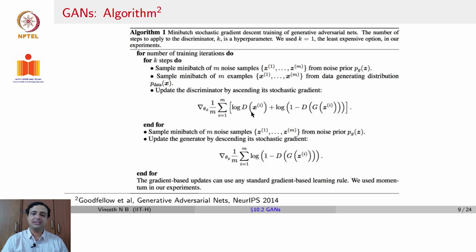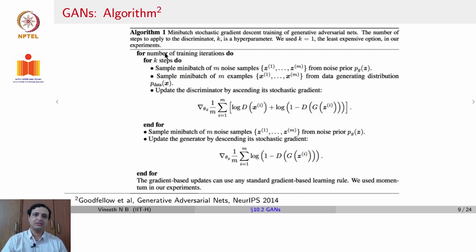A maximization problem is solved by gradient ascent, just like how a minimization problem is solved by gradient descent, where in each iteration you go in the direction of the positive gradient, not the negative gradient the way you did with gradient descent. So we update the discriminator by ascending its stochastic gradient, which is obtained by taking this loss function and differentiating with respect to each weight in the discriminator network. And you do this for k steps.